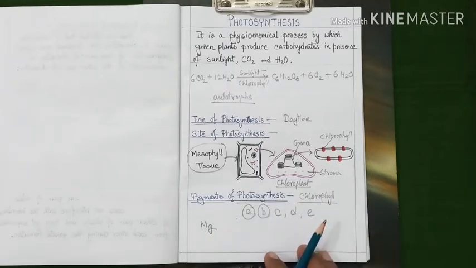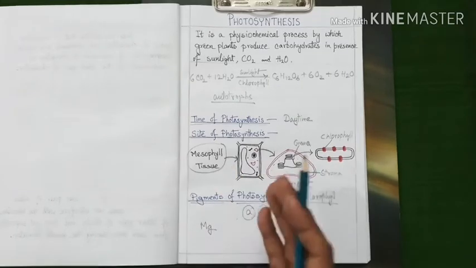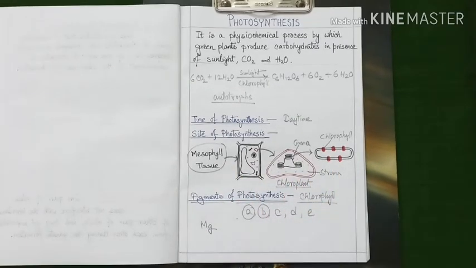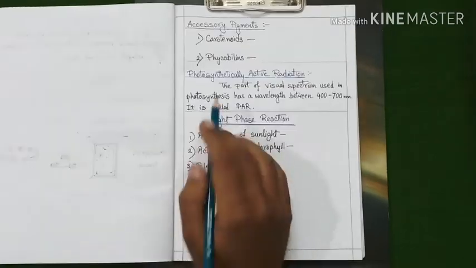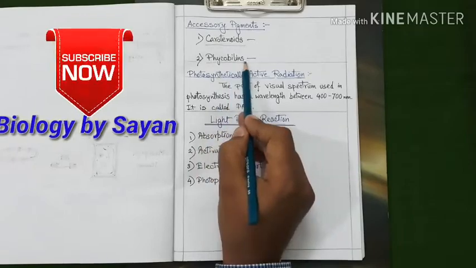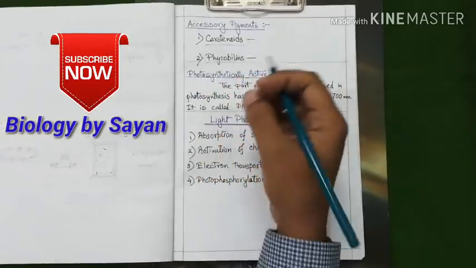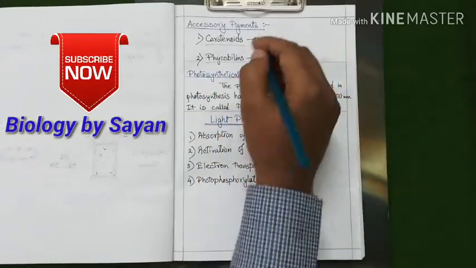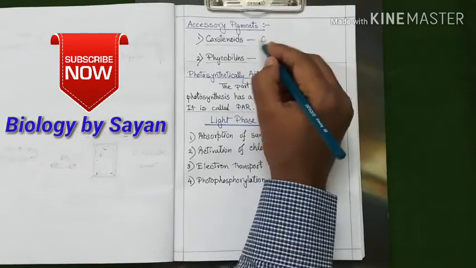hemoglobin pigments. Now we discuss different other accessory pigments that help in the process of photosynthesis. These are the accessory pigments: carotenoids and phycobilins. Carotenoids have 2 other types of pigments that can be categorized under carotenoids.